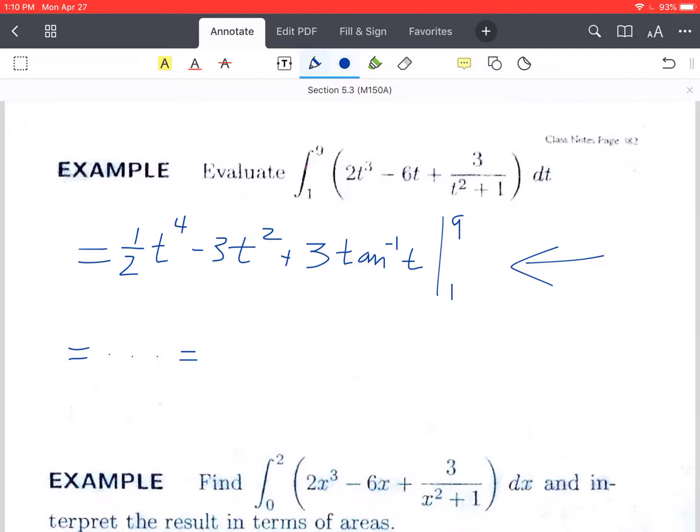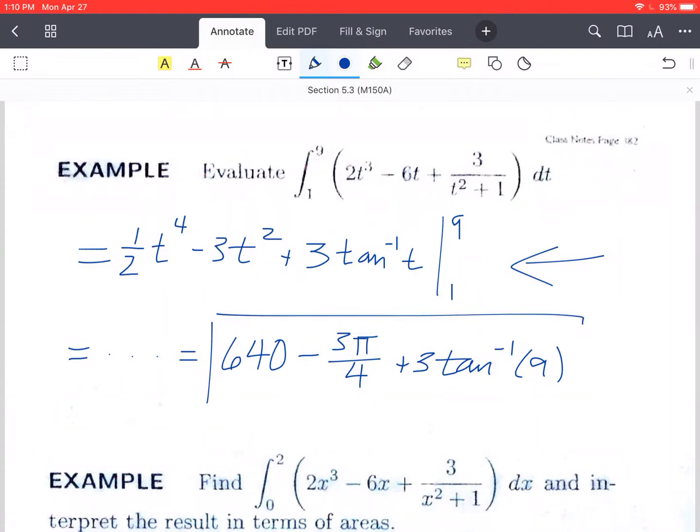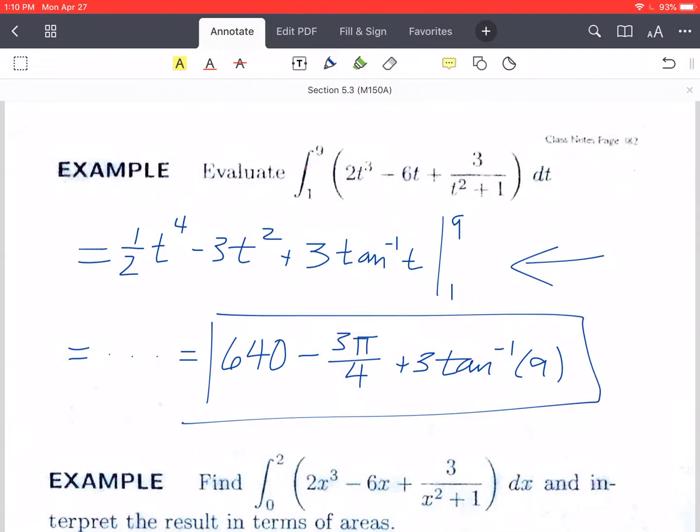But for the sake of time, I'm just going to give this to you. So we would get 640 minus 3 pi over 4 plus 3 times inverse tangent of 9. So that would be the answer that we'd get.